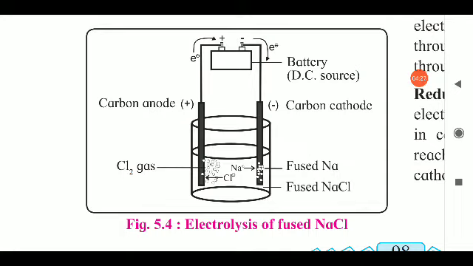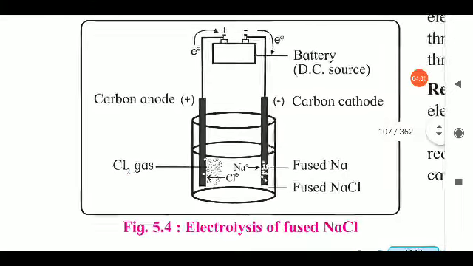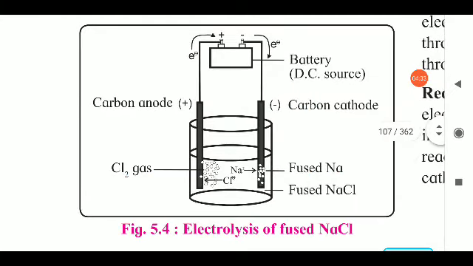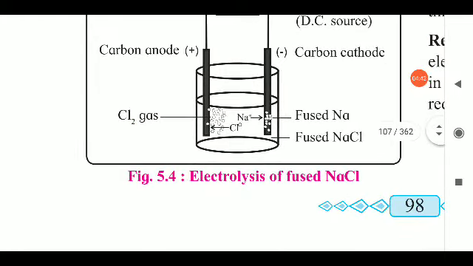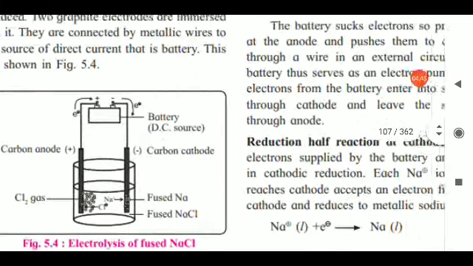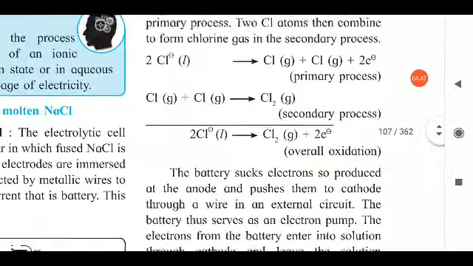Means students, here opposite charge plays an important role. At the same time, the carbon cathode is having negative terminal, and towards it the Na plus ions are moving. So this is all the arrangement which is made in this figure.